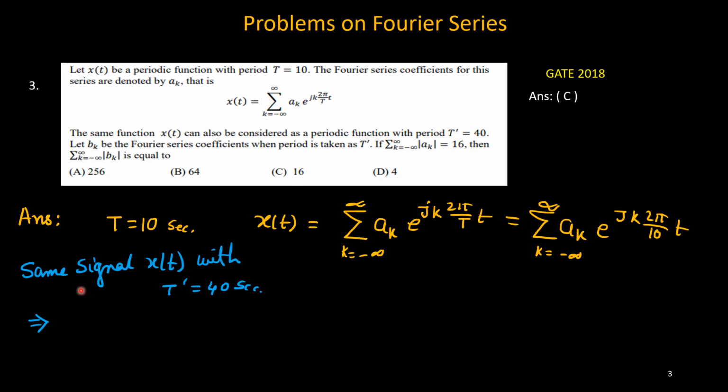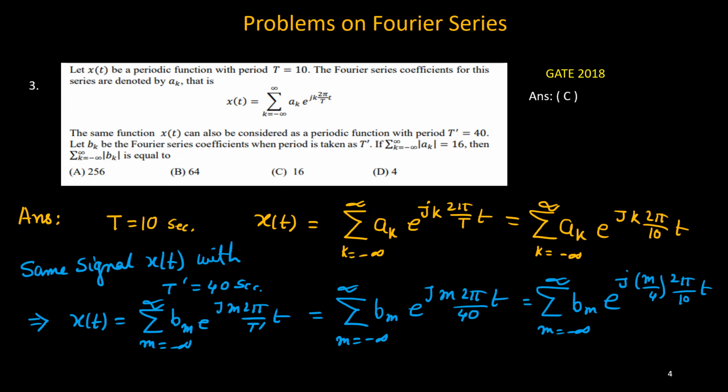Now the same signal x(t) with time period T prime equals 40 seconds, we can represent with different Fourier coefficients, that is b_m e to the power j m 2 pi over T prime times t, and m will be all integers, negative infinity to plus infinity. Now in this case T prime is 40, that we replace here.